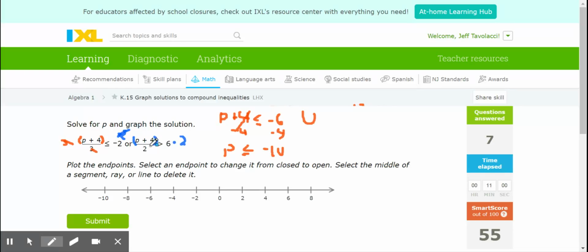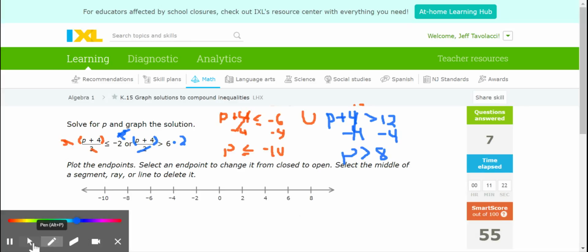The 2s cancel. I now have p plus 4 is greater than 6 times 2, which is 12. We'll subtract our 4. Okay. p is greater than 12 minus 4, which is 8.